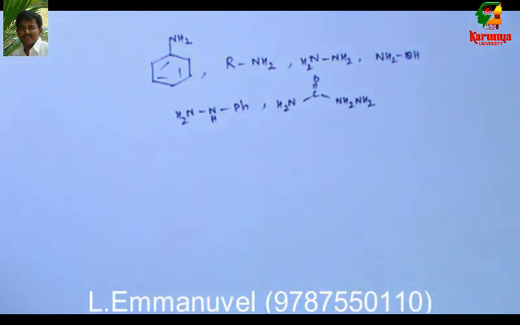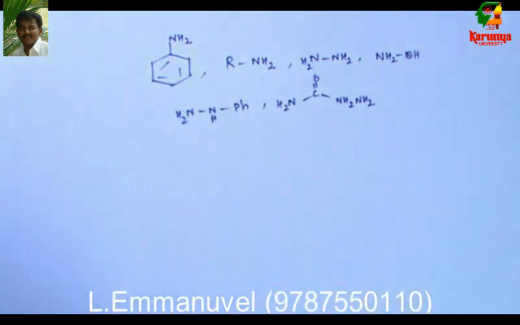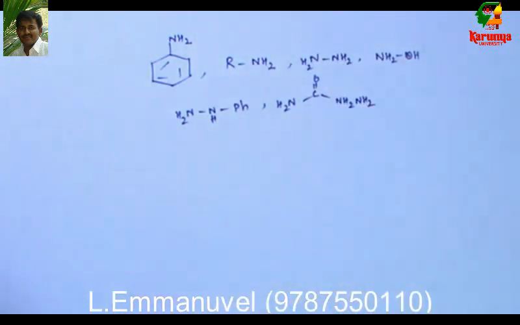There are so many functional groups based on nitrogen. All these nitrogens can behave in the same manner. So you will get imine with all these compounds. In the case of hydrazine, both the nitrogens are the same, so there is no problem.